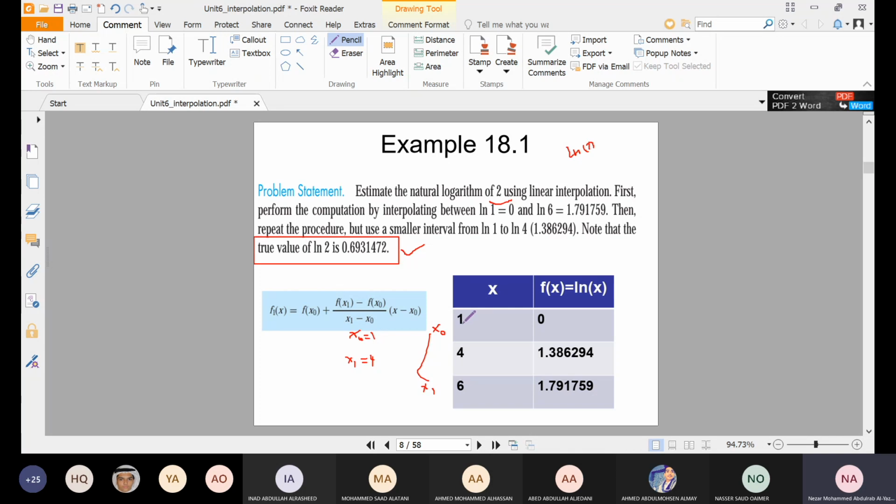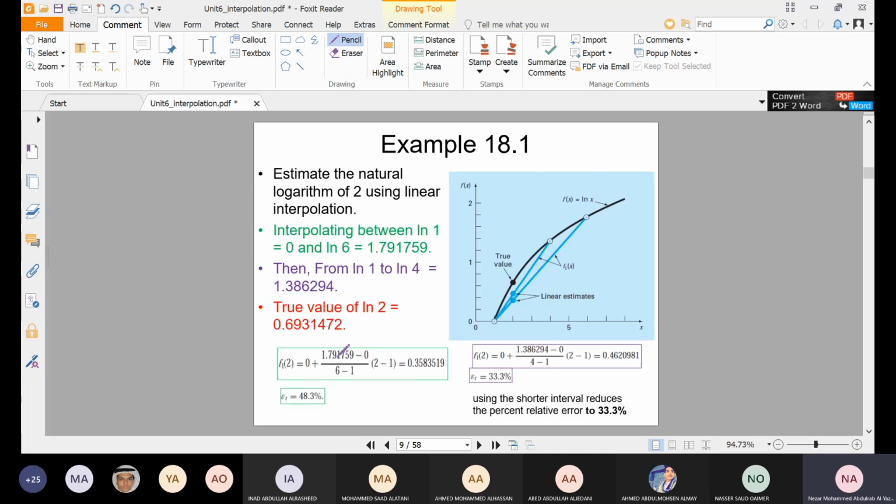When we have a larger interval from 1 to 6, 2 is located here, or we take a shorter interval and we'll see what's the difference by using different intervals. But the mean point here should be intermediate between x0 and x1. This is the very important point.